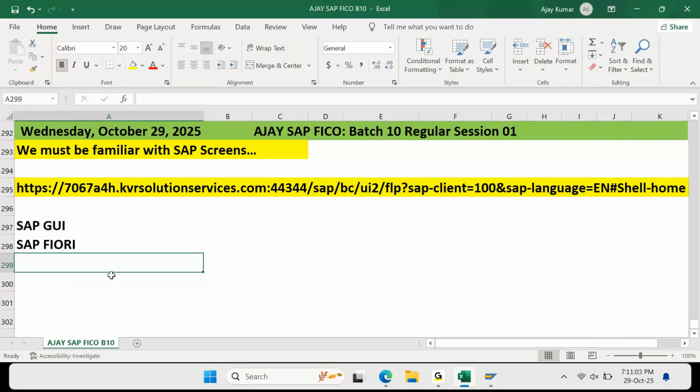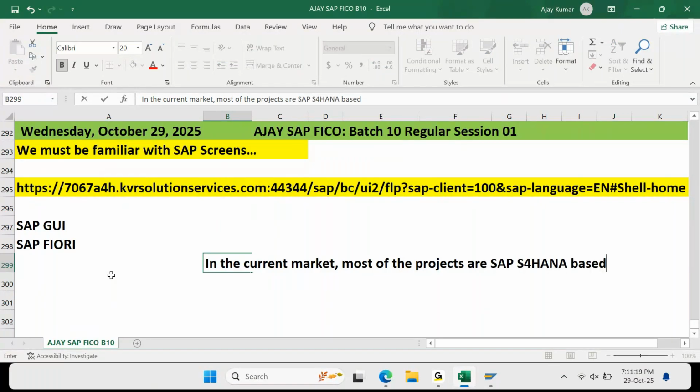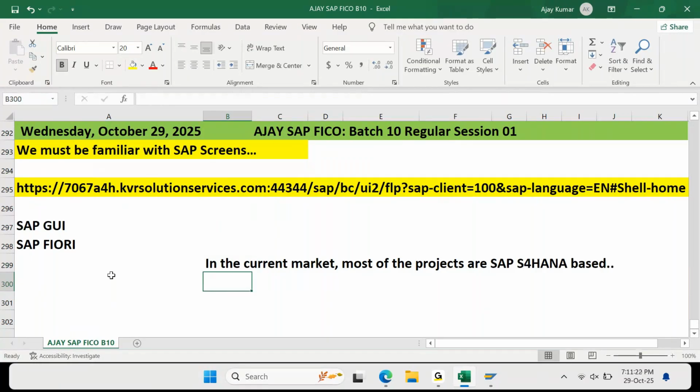Next one we need to understand. In the current market, most of the projects are SAP S/4HANA based. Most of you would have heard about SAP S/4HANA, right?